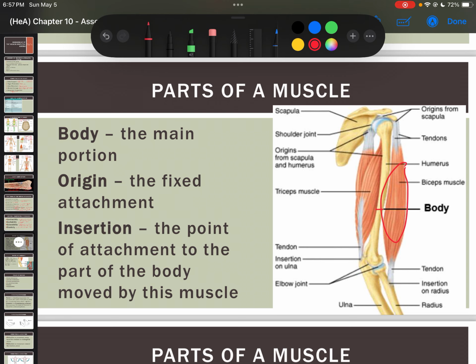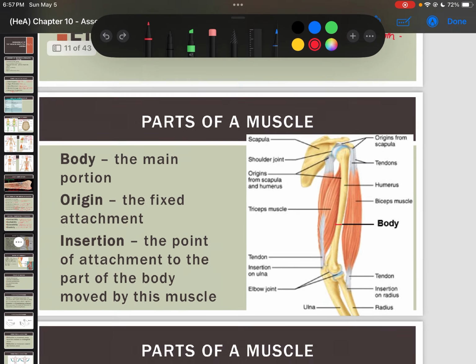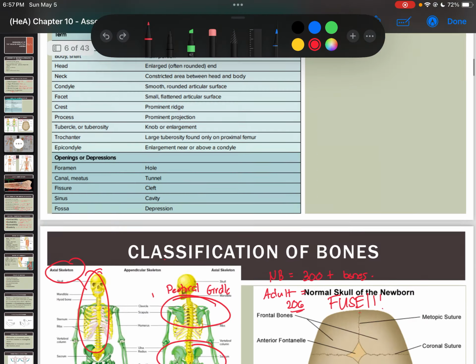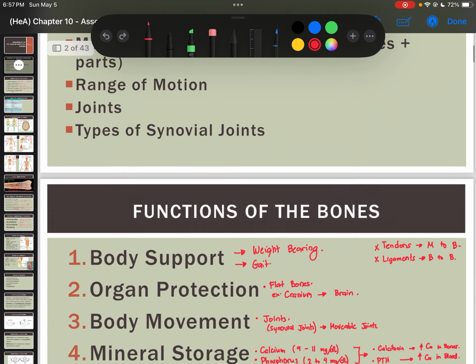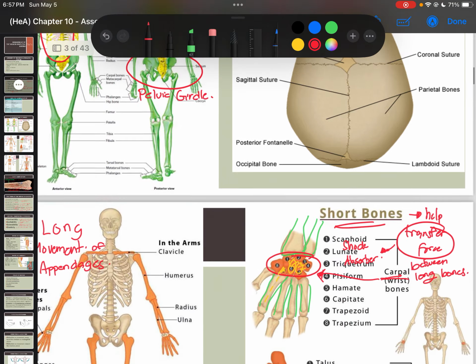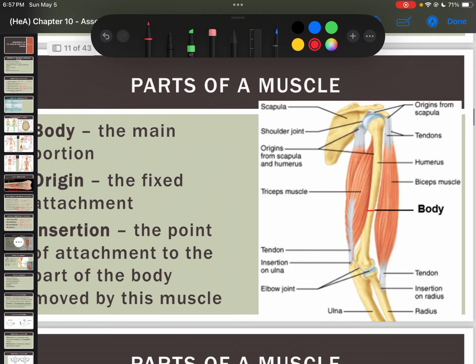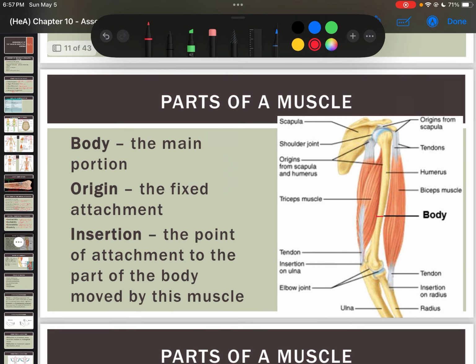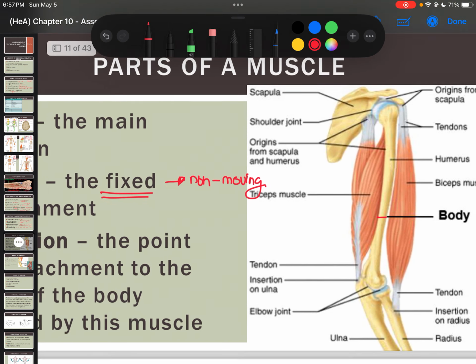Next is the origin. If you remember, back up above, tendons connect muscles to bones. Our origin, class, is the fixed attachment. When we say fixed, it is the non-moving attachment.